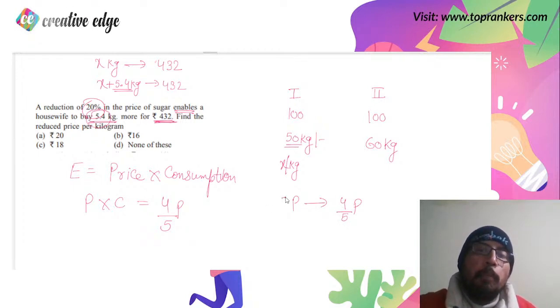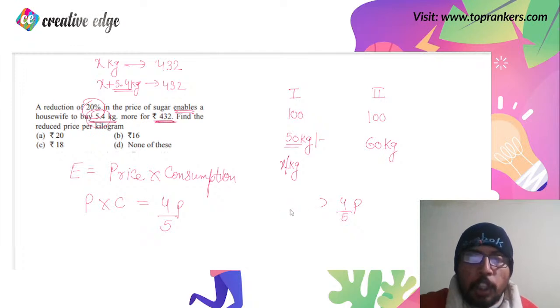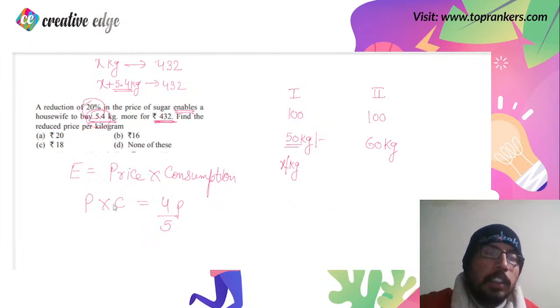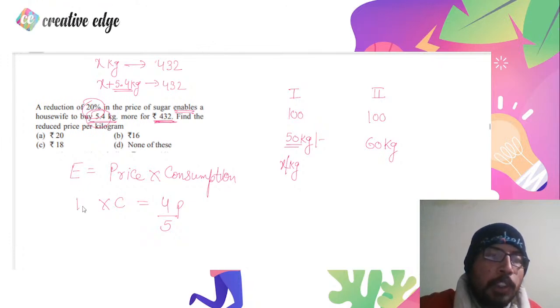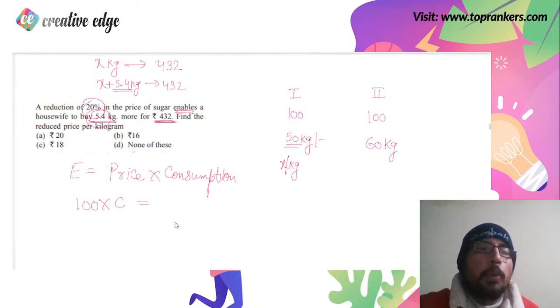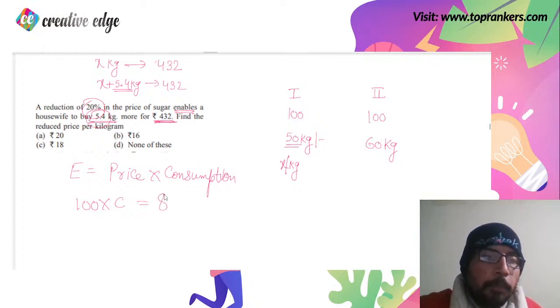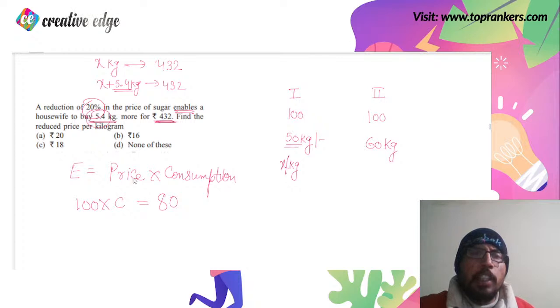Initially it was 1P, that is 100% of price, and now it has become 4 by 5 P. If you are still not able to understand, let us consider a random number. Let us say the earlier price of sugar was 100, now it is reduced by 20%. Now the price has become 80. Now I believe it is easy to understand.